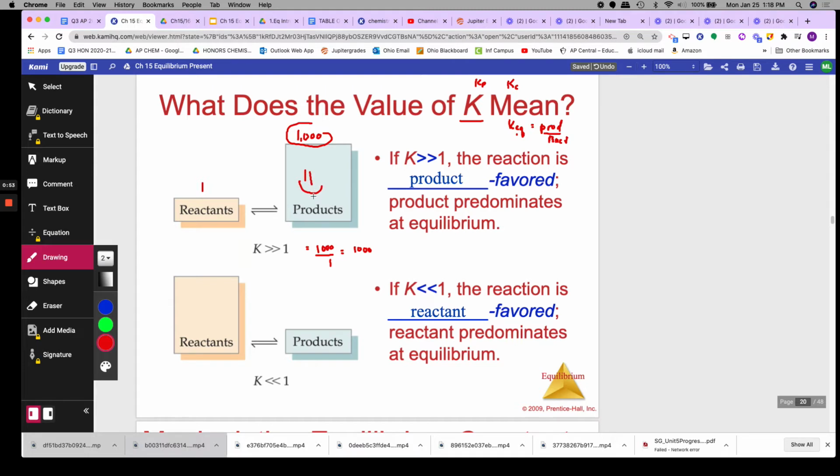If you were trying to make money making the products, you'd be very rich. Here are the reactants. When the reaction's all done, there's not going to be much left over that's unreacted. Okay? So if the K equilibrium is really, really big, a lot greater than 1, it's product favored. You're going to make a lot of products. The product predominates at equilibrium.